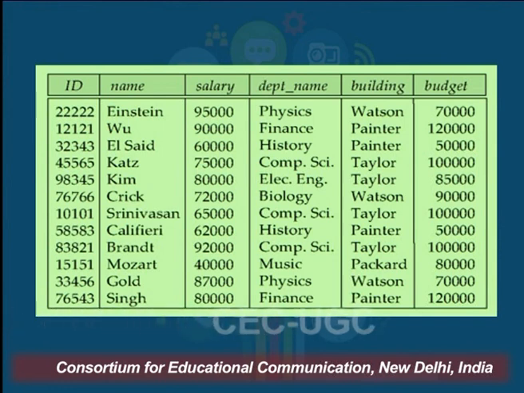We will be storing the department name, we will be storing the building, and we can also store the budget. But what about the ID, name and salary? These three pieces of data, or three attributes here, will go blank, and we need to administer null values here.